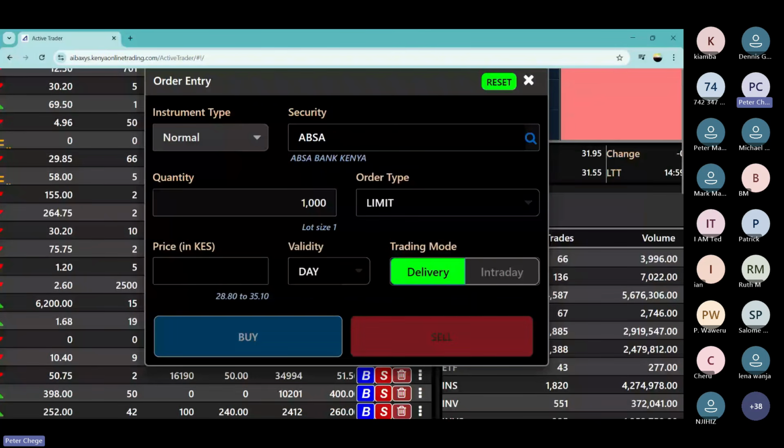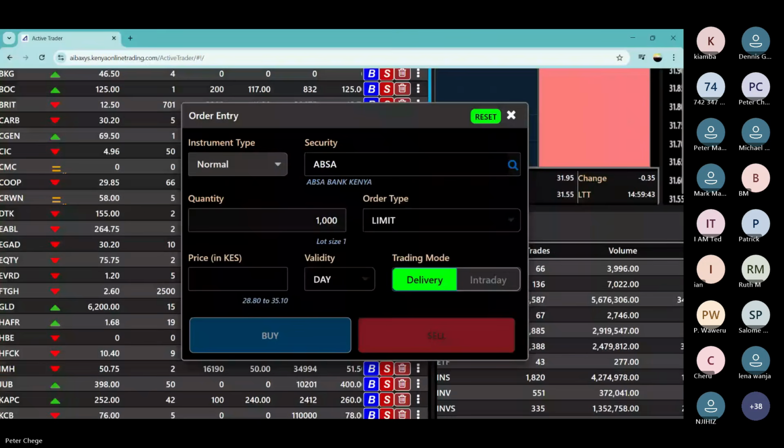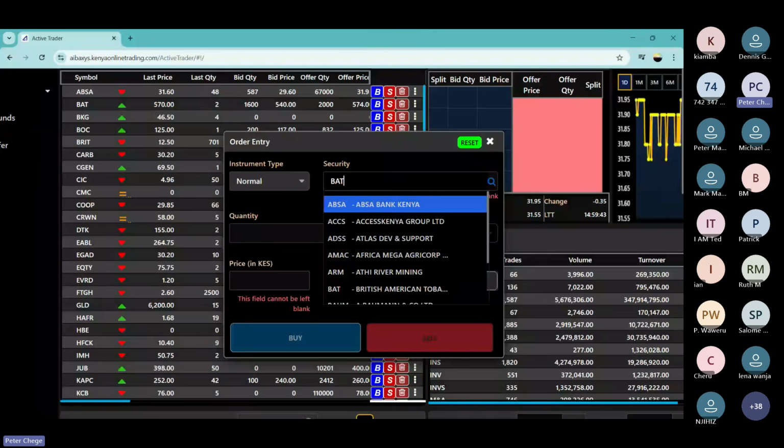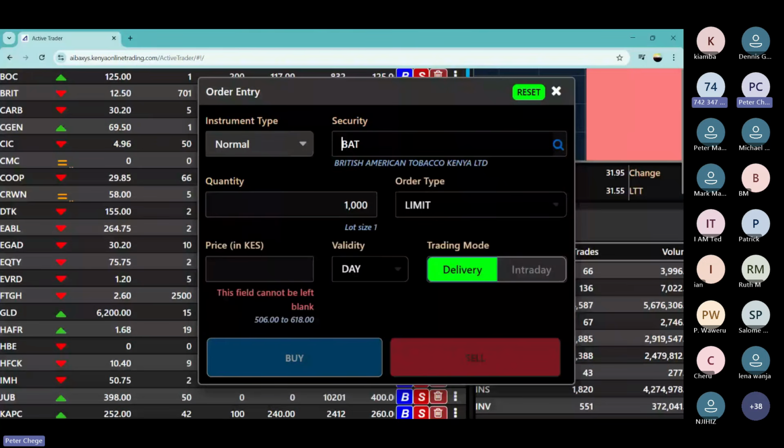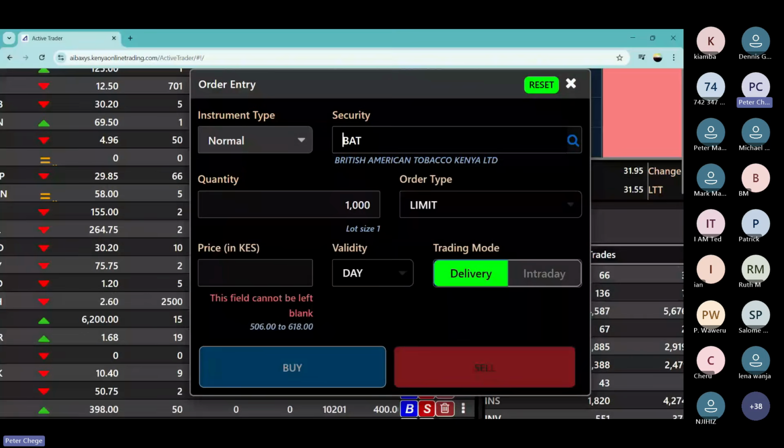This range doesn't show where the demand and supply is. If you are to go to BAT, you see the range is 506 to 618. Somebody will be tempted to put at, let's say, 510.